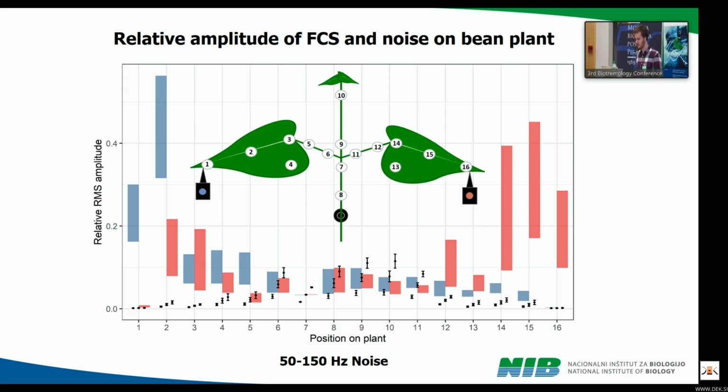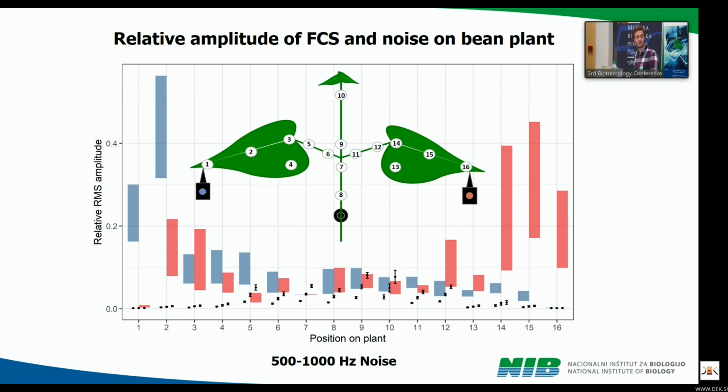We can see that the amplitude of the noise was much lower than the calling song amplitude on both the left and the right leaf, but in the middle section on the stem and the leaf petioles, the noise was equal or slightly larger than the female signal. And the same can be said also for the 50 to 500 hertz noise. Notice how the black bars change.